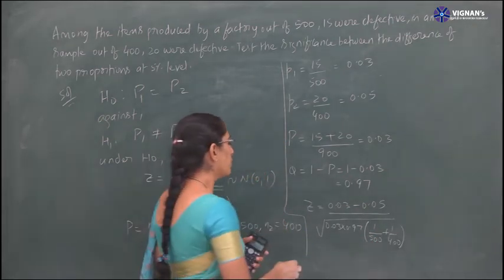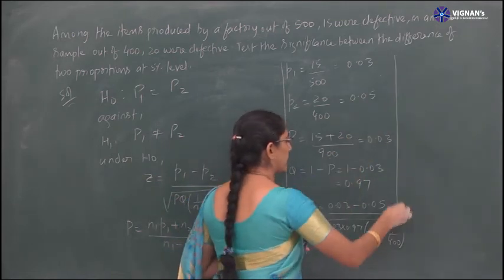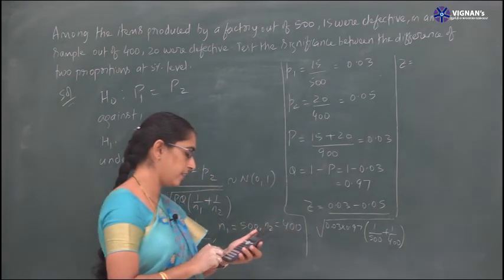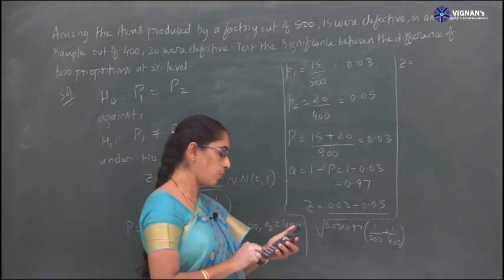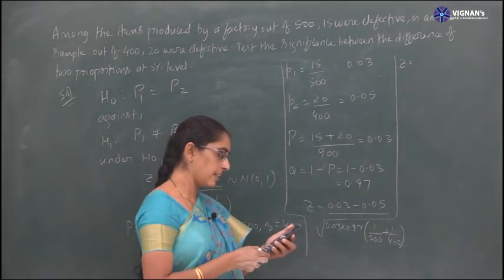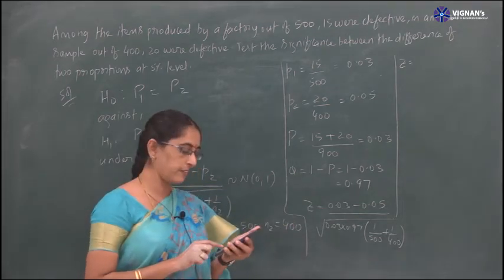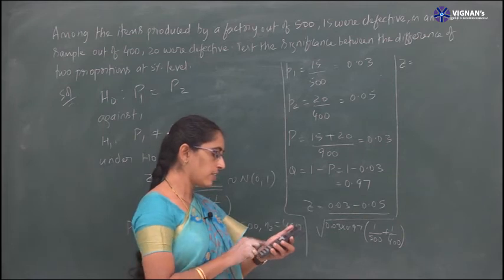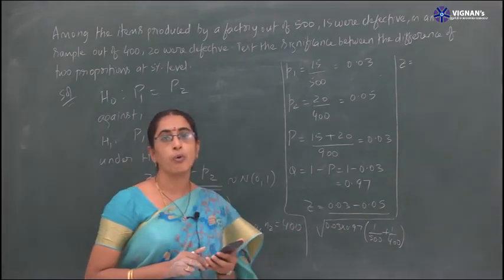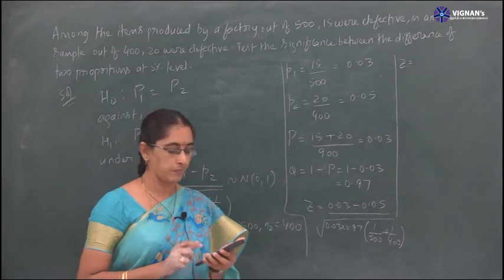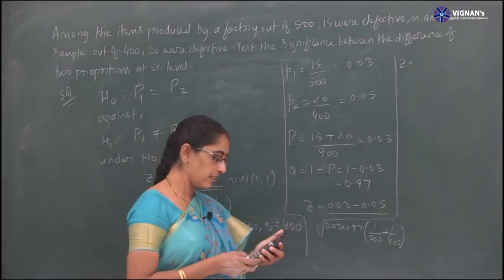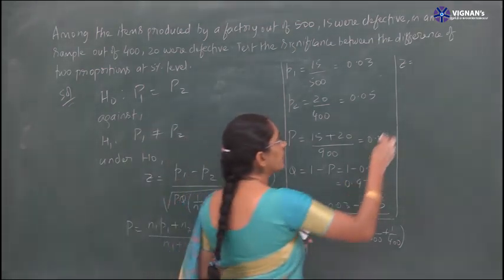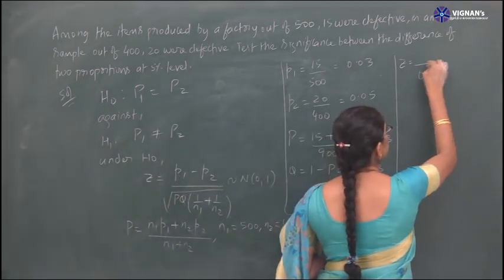Okay, now first we simplify the denominator here. 1 by 500 plus 1 by 400 is equal to 0.0045, into 0.03 into 0.97 is 0.0001. Now the square root of this is here 0.01. So the denominator is 0.01 here.